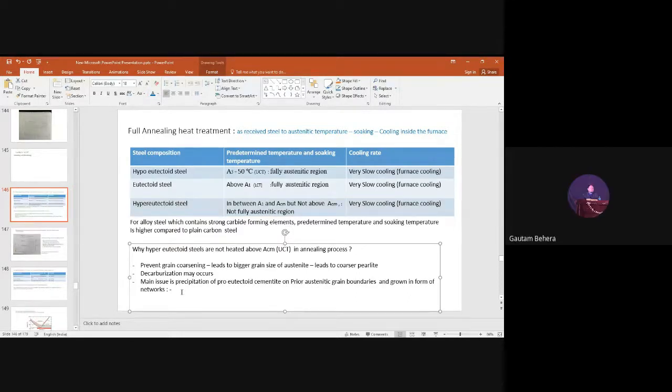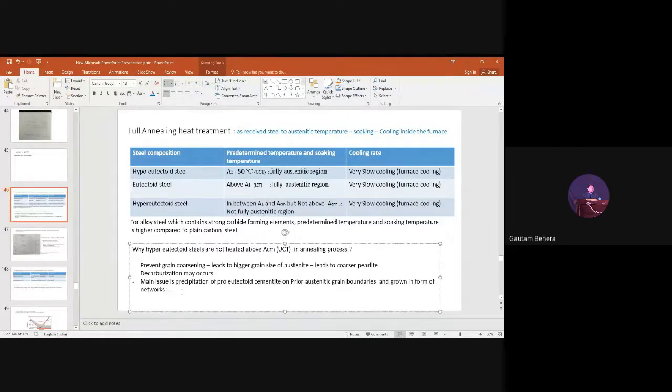Very good. Sivasis is right. Crack always initiates in a weaker region, the portion which is weaker. So cementite is a brittle phase. That is a weak portion. It cannot withstand the load. So crack will initiate along the grain boundaries, and since it is a complete network, crack will easily find an easy way to propagate along the grain boundaries.